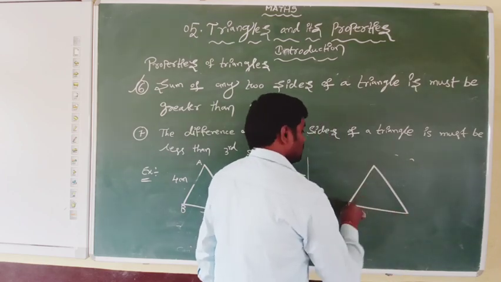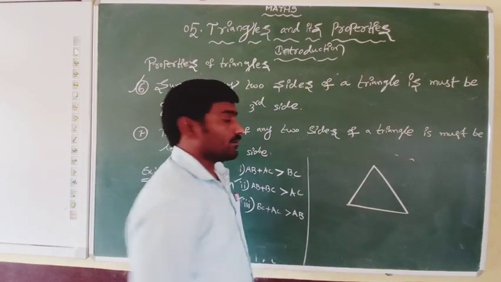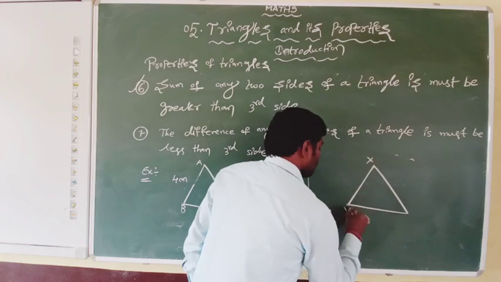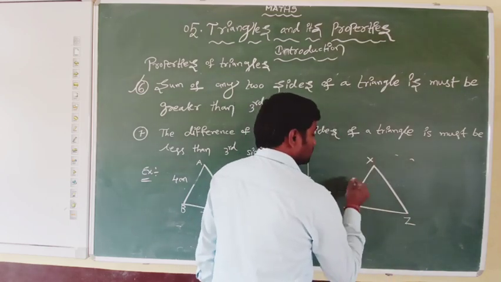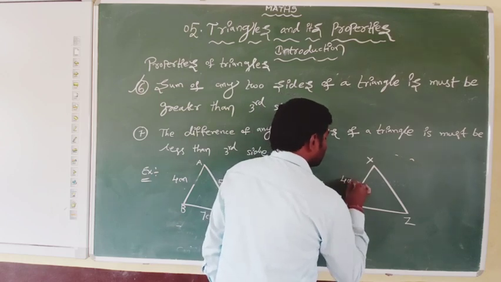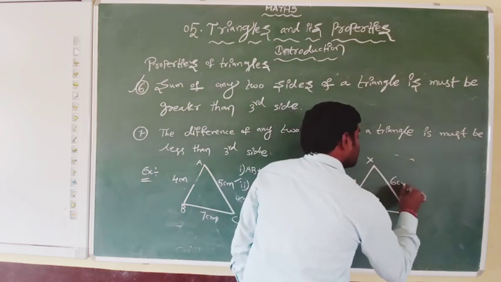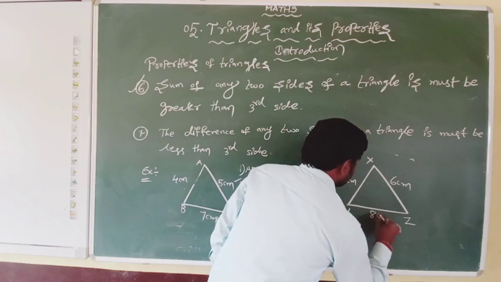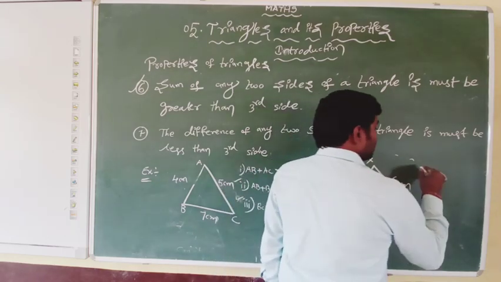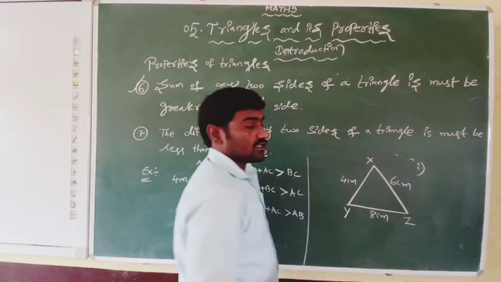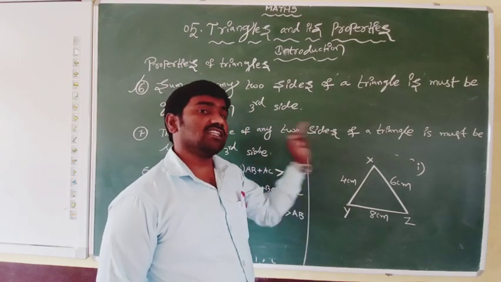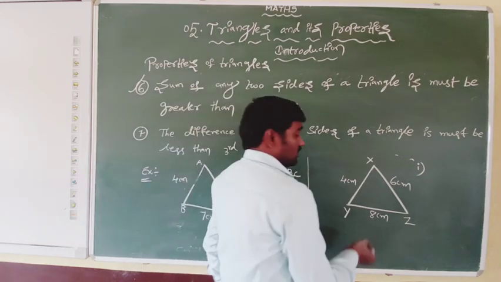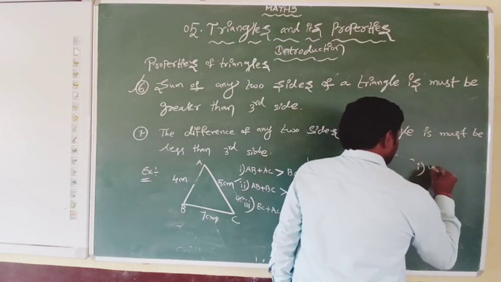Yes. Here, let me take a triangle, X, Y and Z. Suppose let me take triangle measurements like 4 centimeter, 6 centimeter and here 8 centimeter. Anything. So here the difference, you say. The difference of any two sides must be less than the third side. So let me do it here.